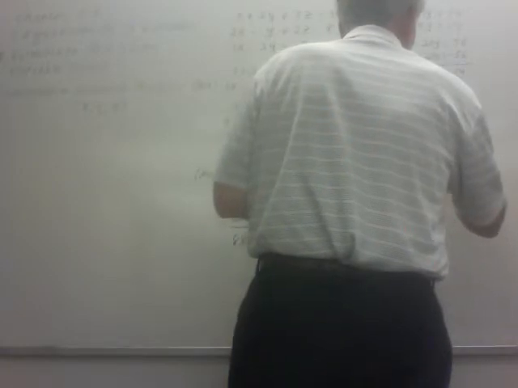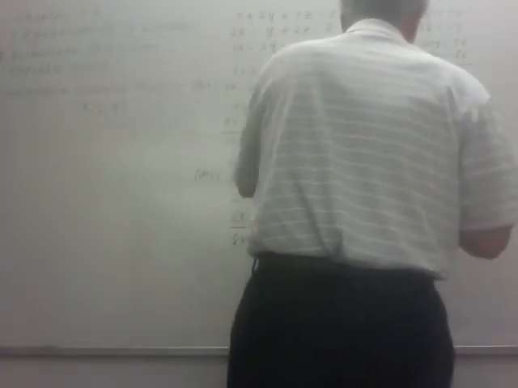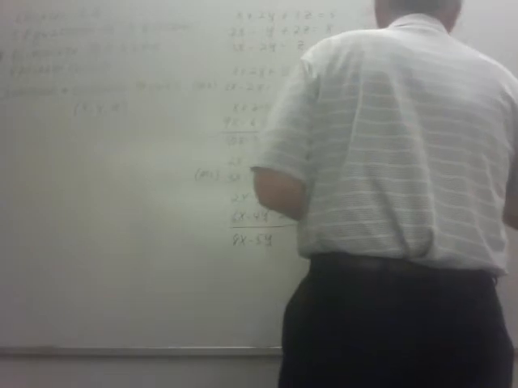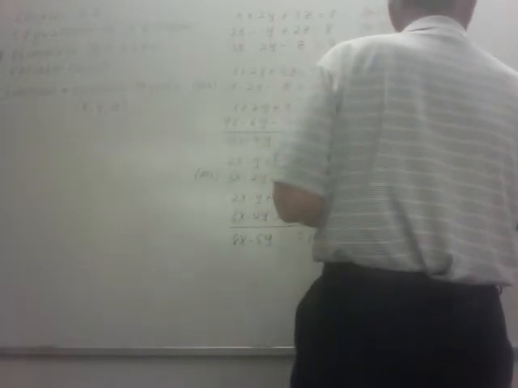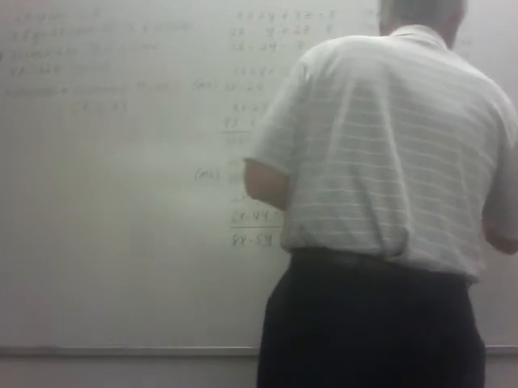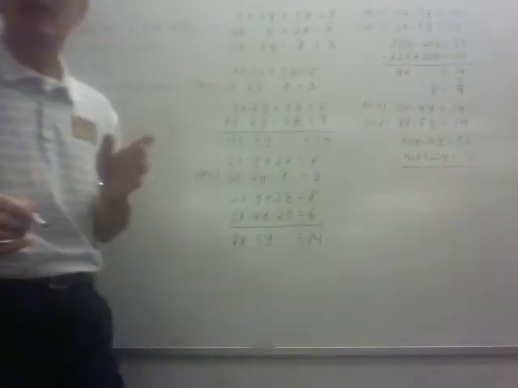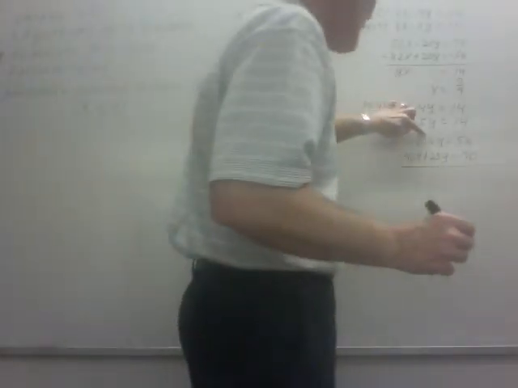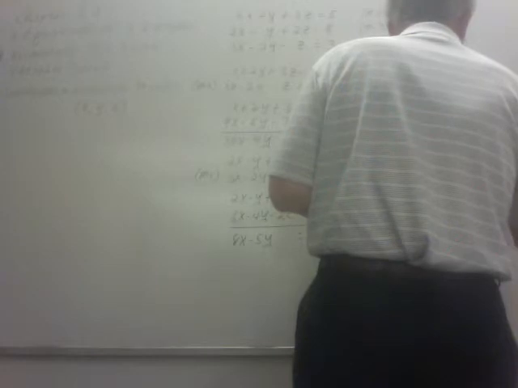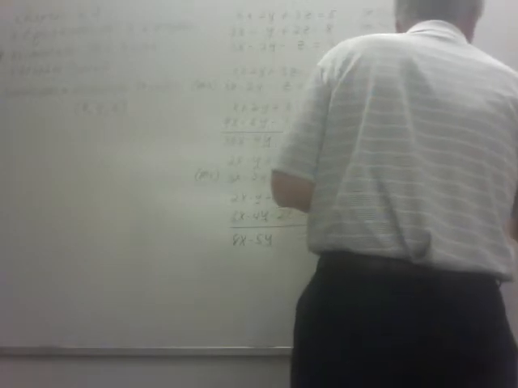Down here, this gives me negative 40x plus 25y is going to be equal to negative 70, right? 5 times 14, yeah, 70. Now we've eliminated the x's and we can find out what y is. Negative 16 and positive 25 gives me 9y is going to be equal to negative 14.